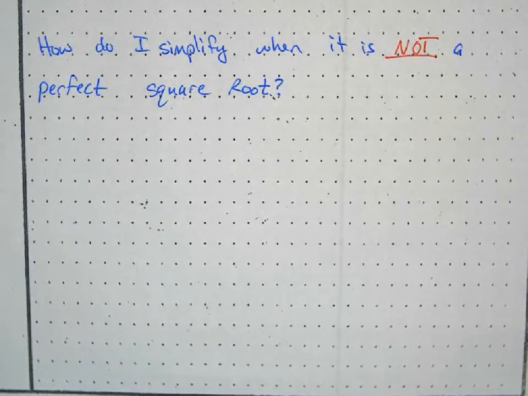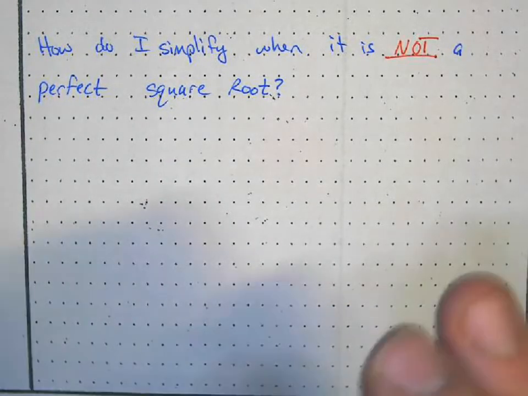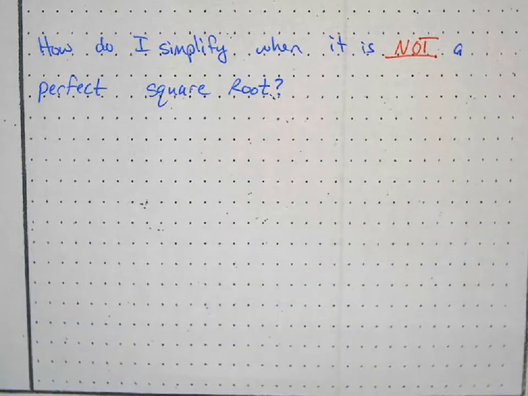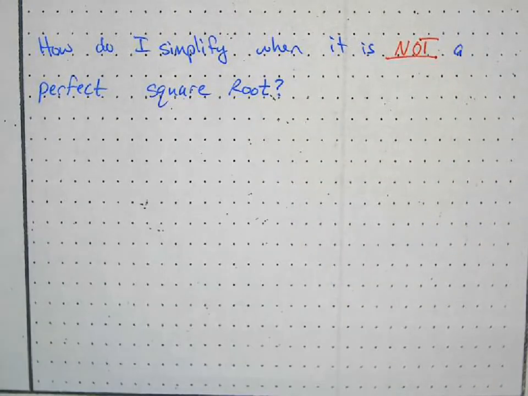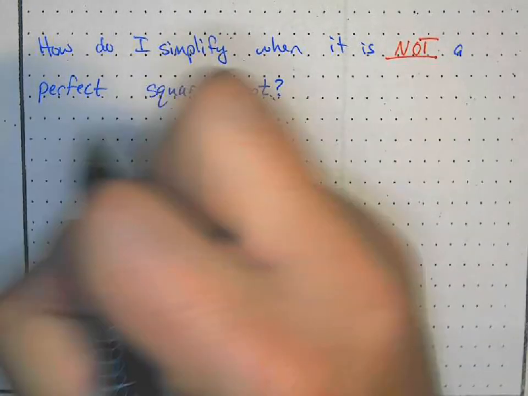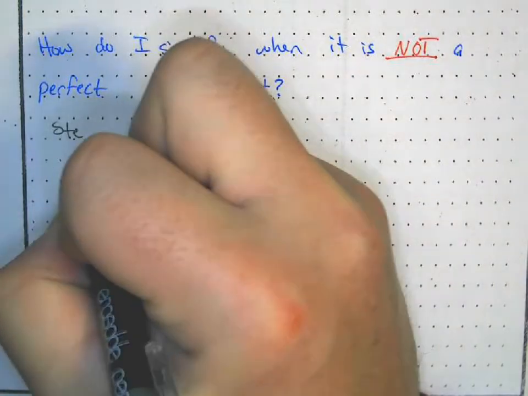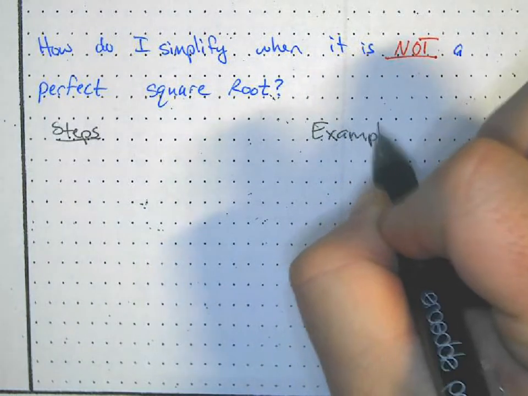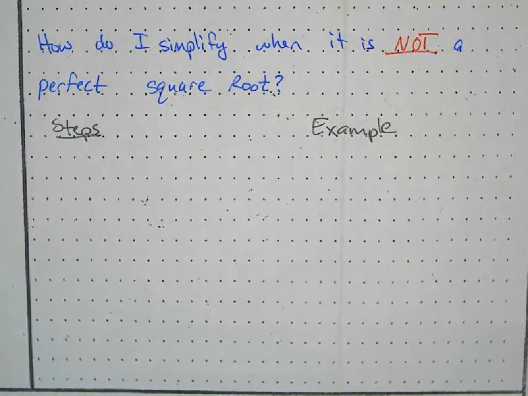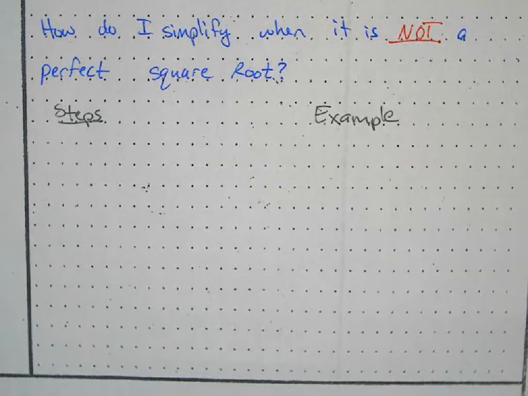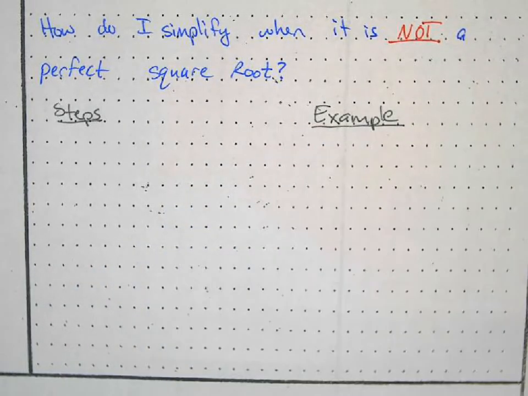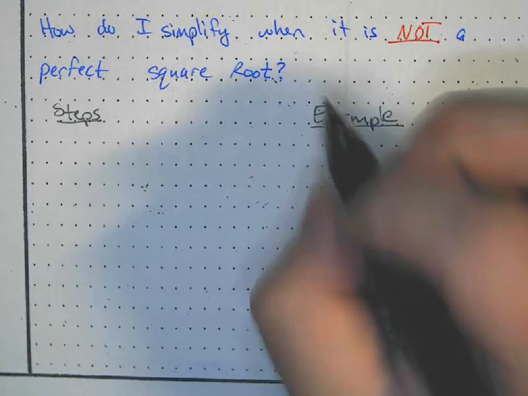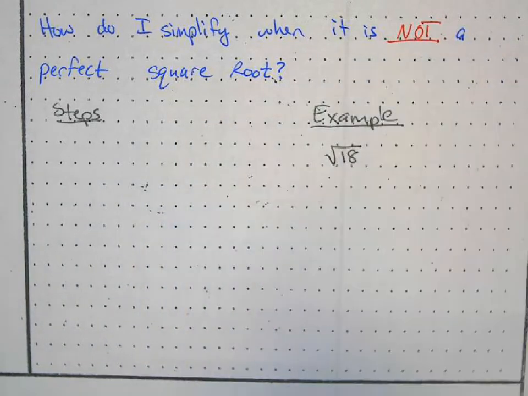So let's look at the square root of 18. This will be our steps. This is our example. And our example is going to be the square root of 18.